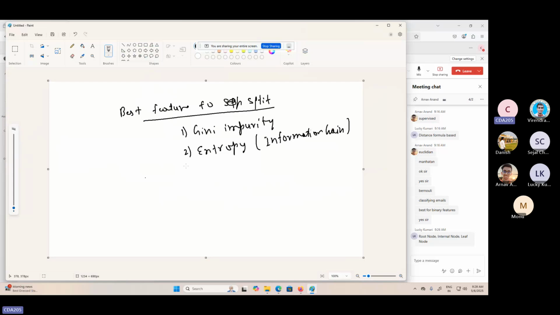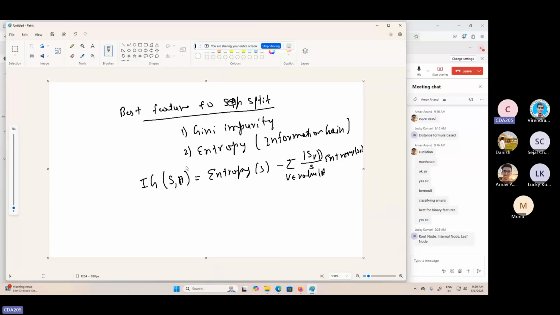So we have to calculate the information gain, IG(S, A), that is the entropy of S minus the summation over values v of A, of |Sv| by |S| times entropy of Sv.